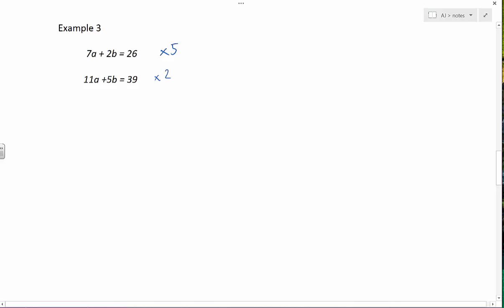What do we get? Well, if we multiply the first by 5, 5 times 7a is going to be 35a, and 5 times 2b we already know is going to be 10b, and 5 times 26 is 130. If we double the second equation, we'll have 22a plus 10b equals 78.